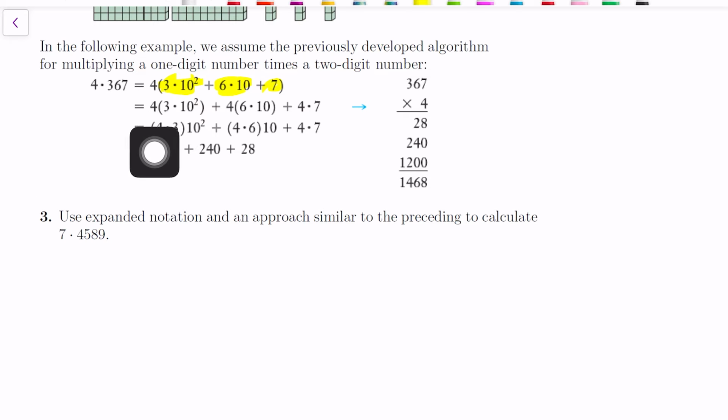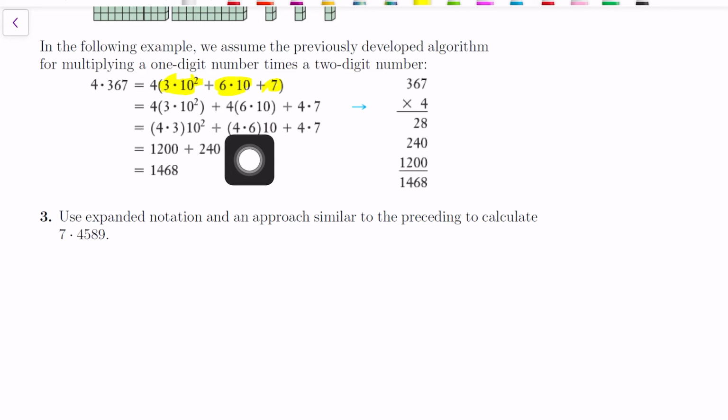Of course, you also have the associative law of multiplication. So the parentheses can be grouped this way, that first 4 and 3 need to be multiplied. Here, first 4 and 6. What it means is having 3 flats, and now I have to make 4 copies of them, 4 times 3. That will give me 12 flats, or 1200, right?